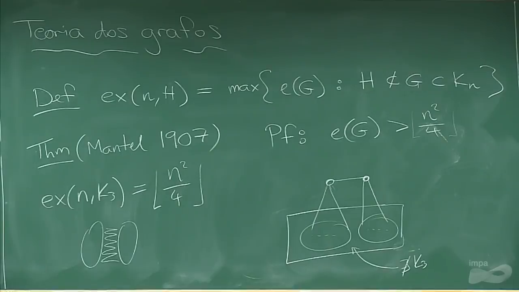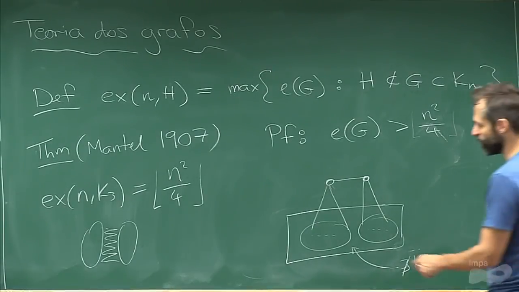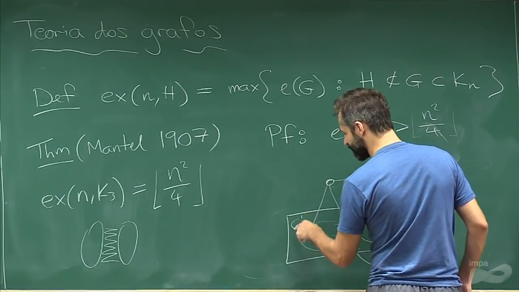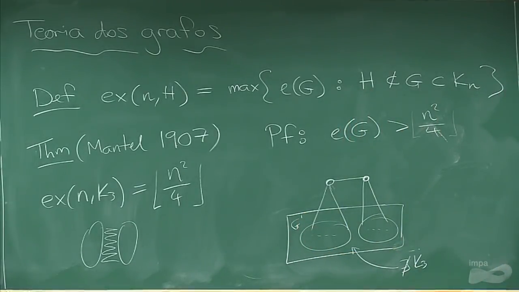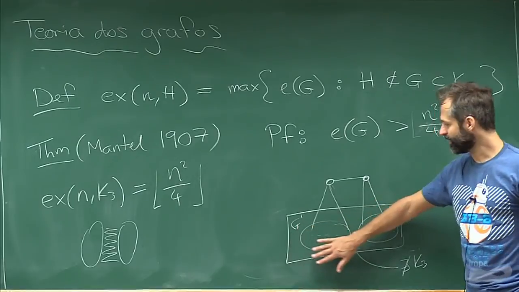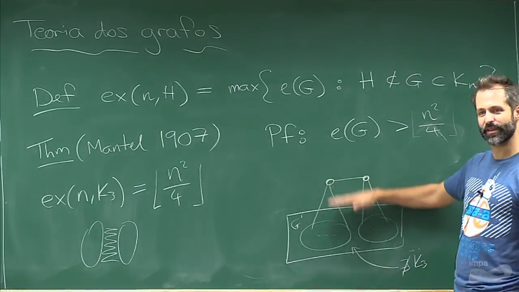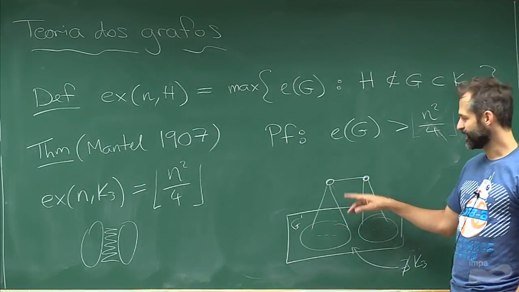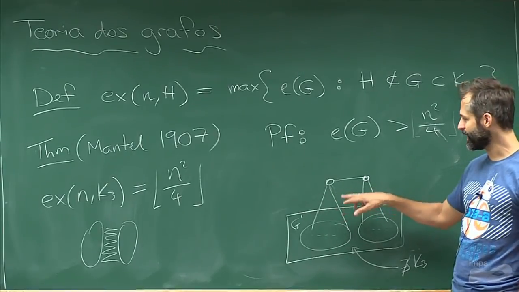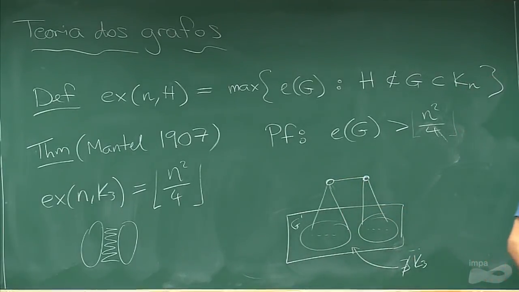Okay, so let's call the graph on this vertex set G prime, just for counting things. So the number of edges of G is at most E of G prime plus what? There's the number of edges down here, plus the edges between them, plus this one. Now, how many edges do you have between these two vertices and the bottom?